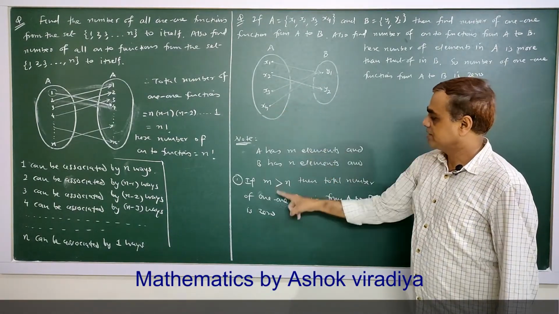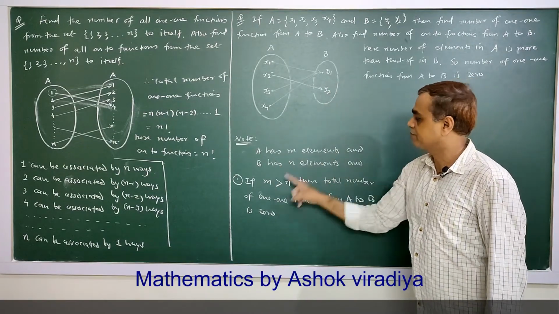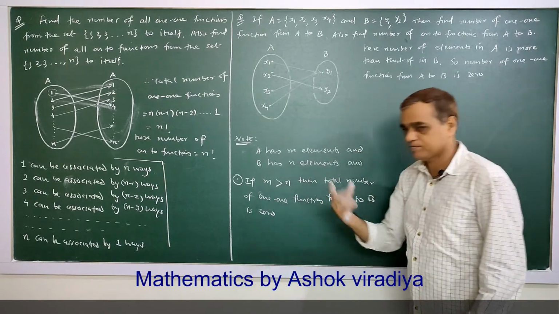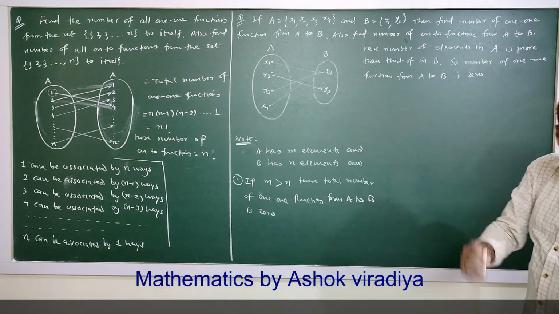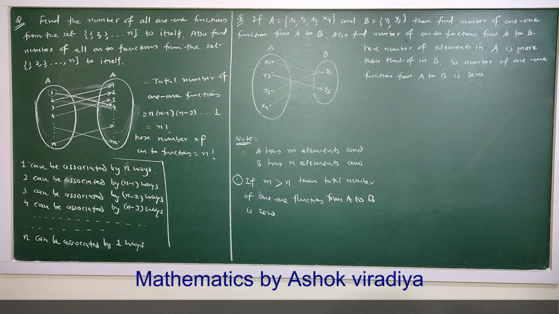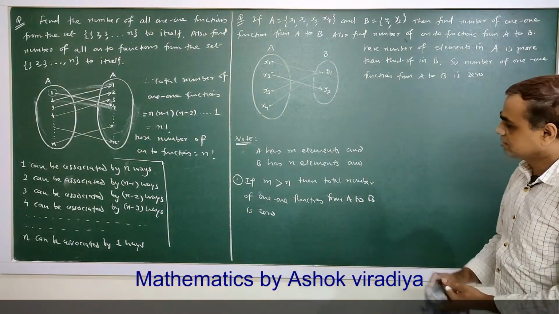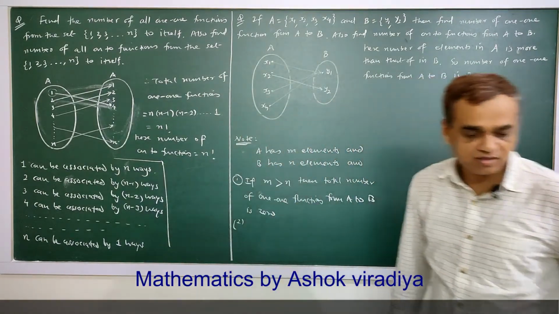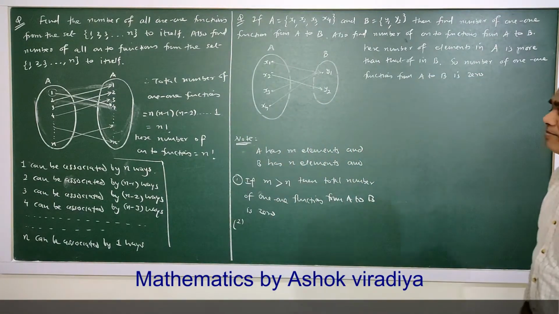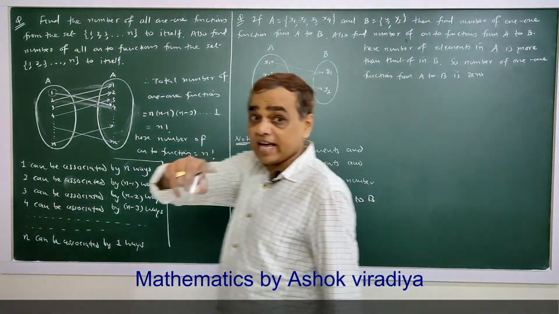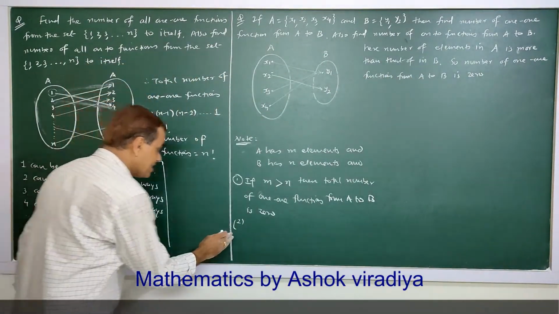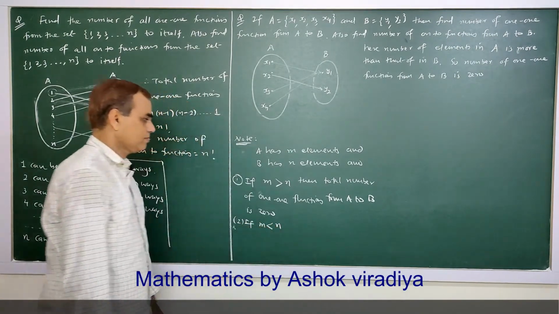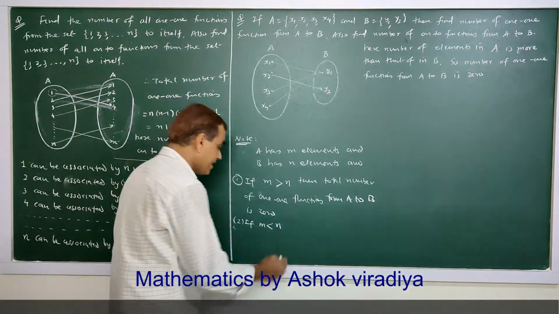Here M is 4, here 2 elements, 4 is more than 2, so the number of 1-1 functions is 0. Now see, sometimes what happens, the second statement which I want to explain: if M is less than N, then the total number of 1-1 functions from A to B.